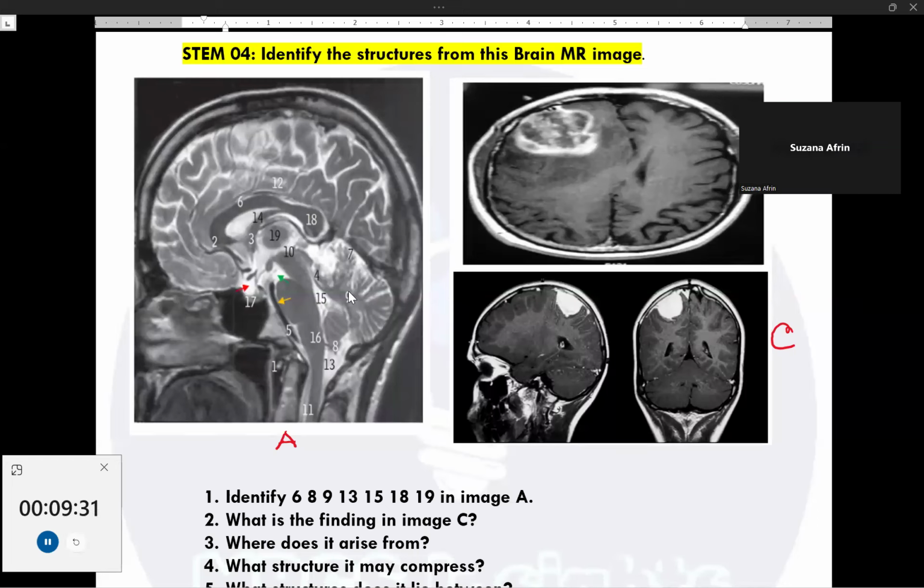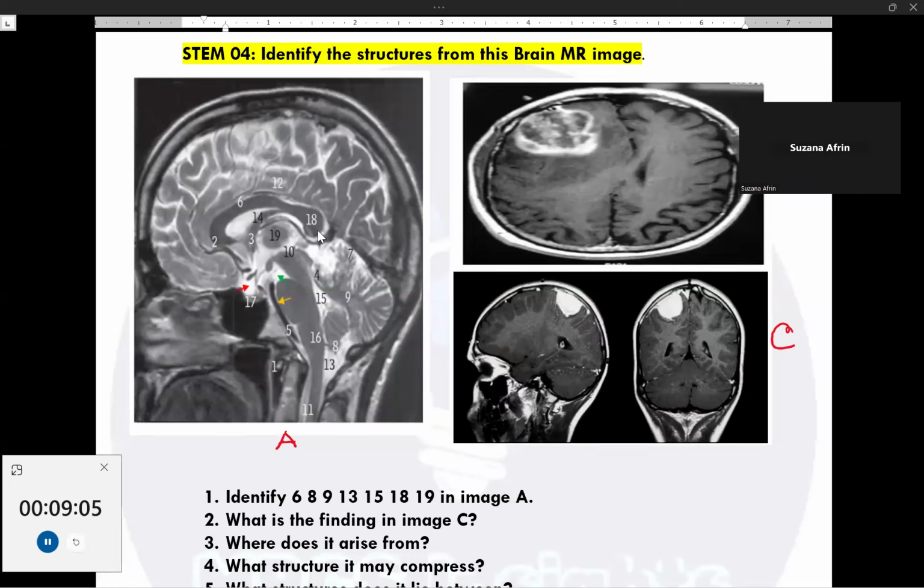Number 9 is the cerebellum. What is number 13? Number 13 here will be the cisterna magna. Excellent. Then what is number 15? Number 15 is the fourth ventricle. Fourth ventricle. Excellent. What is number 18?